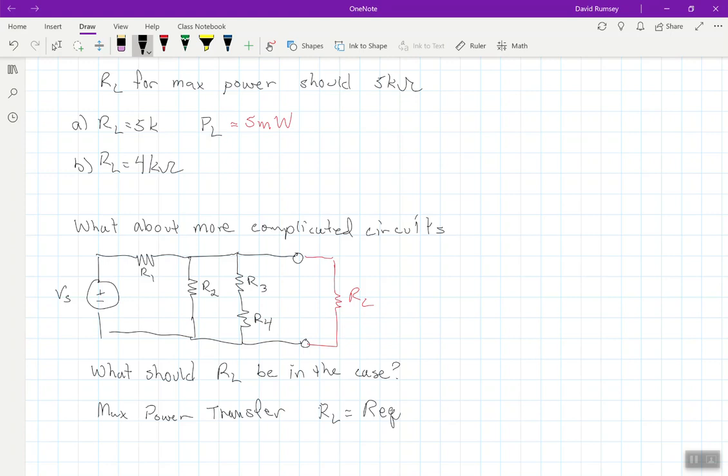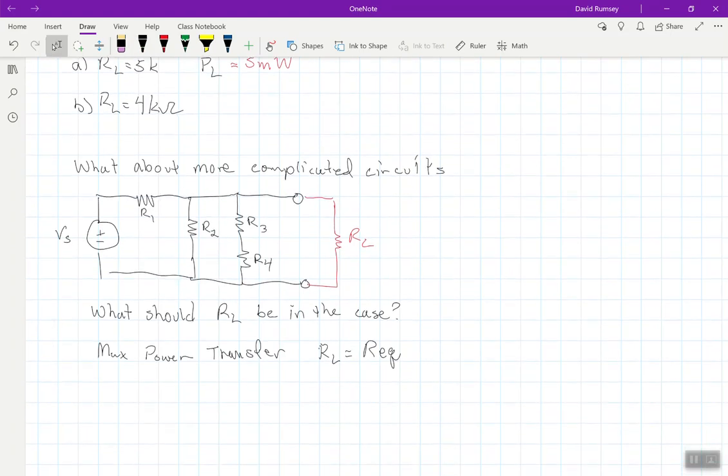So we'll have to find the equivalent resistance of this circuit, and that's what we should set the load to be in order for max power transfer. And remember, we did find equivalent resistance of circuits before. That's honestly why we were doing that. It should be R equivalent.